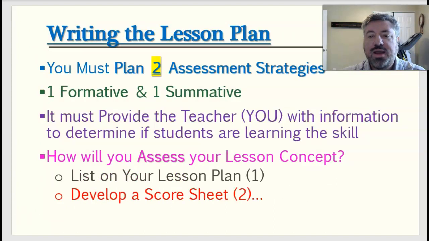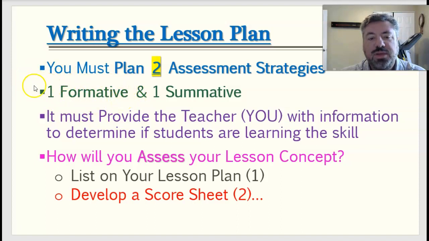So how do we write the lesson plan considering assessments? First of all, you need to plan at least 2 assessment strategies. Look at the lesson plan template as well as the lesson plan instruction sheet provided to you, and develop one formative and one summative assessment strategy. Your formative is going to be what's going on during teaching. How are you going to ensure students are learning what you're doing?